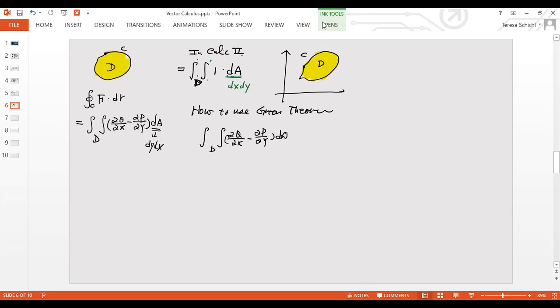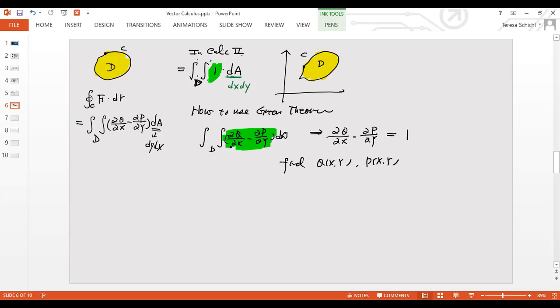So if I want to use Green's theorem, I need to find some functions Q(x, y) and P(x, y) such that ∂Q/∂x minus ∂P/∂y is equal to 1, and which will give this result. Then I can use Green's theorem to find it.